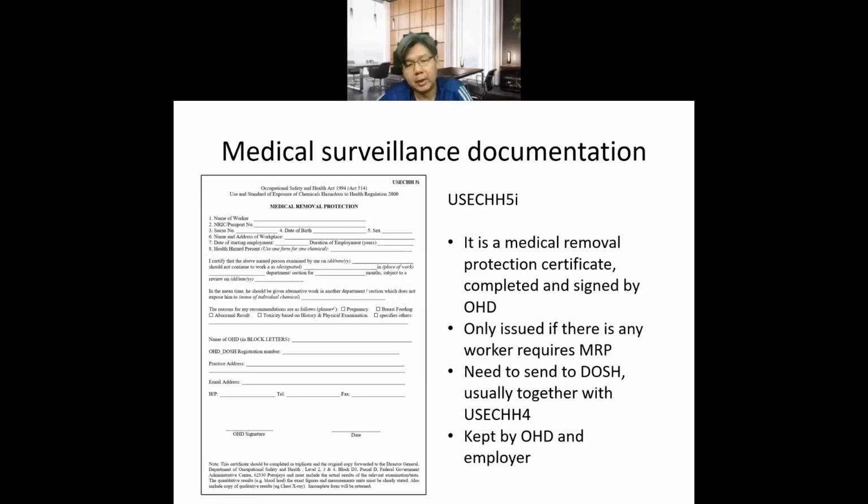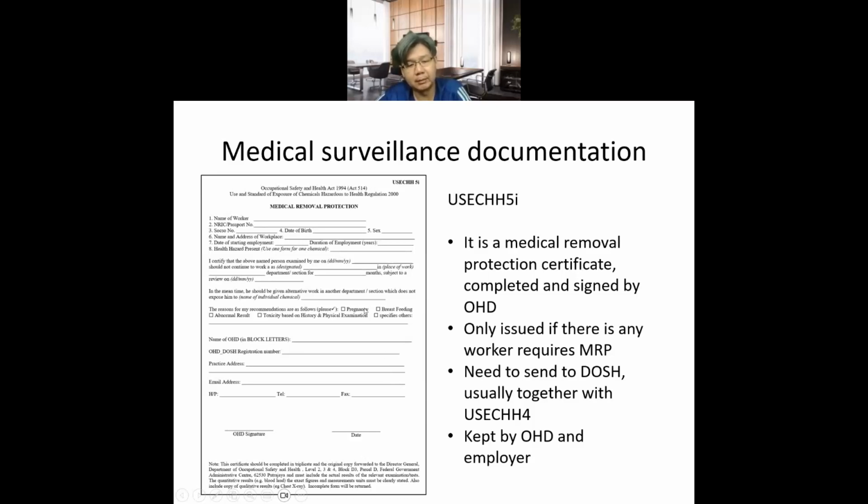No. Medical removal protection means that we remove workers when we detect the worker is at risk of getting negative health effects due to exposure to chemical hazardous to health. We also do medical removal protection if certain workers are at risk if they still continue working in that area.